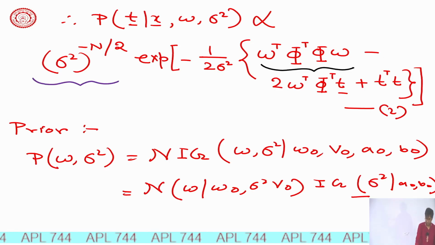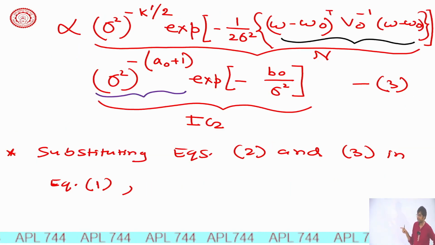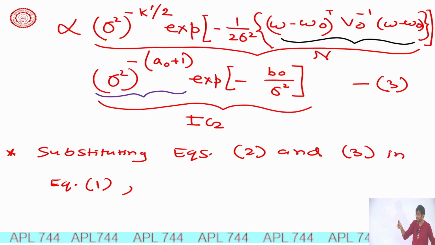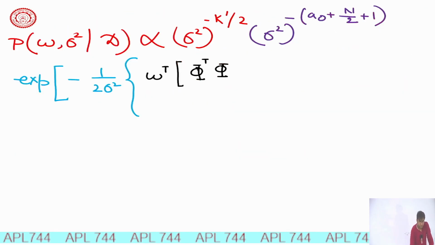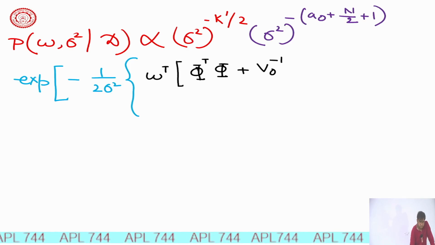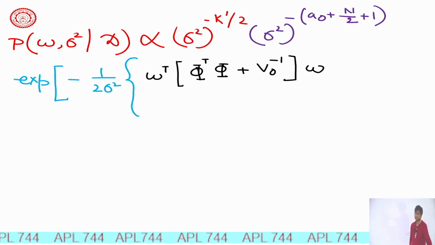So that is this portion, and from here what will I get? V naught inverse, because W transpose V naught inverse W I will get. So V naught inverse is there. So plus V naught inverse W. Okay.